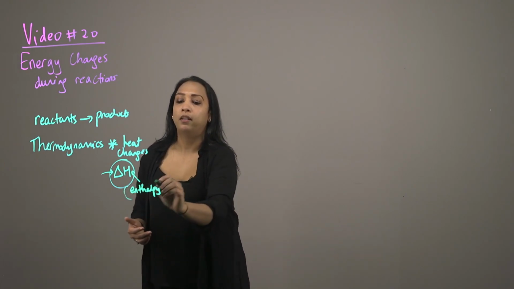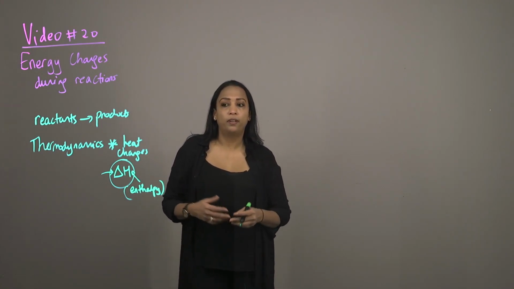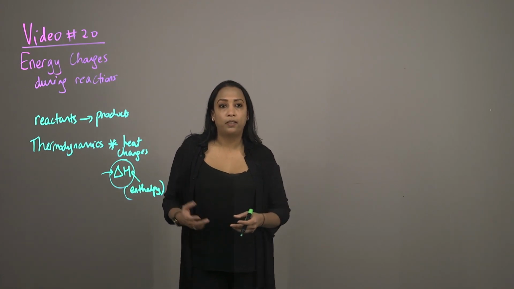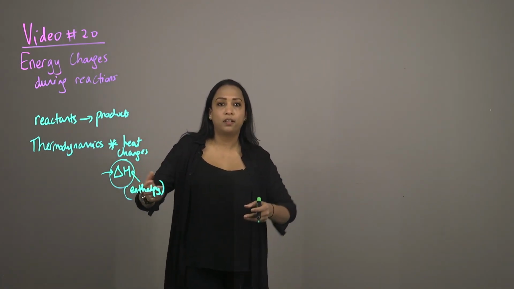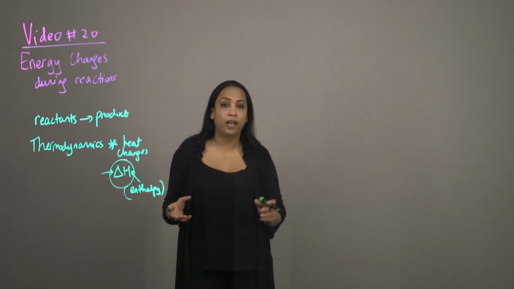So enthalpy is another word for heat. So when we look at thermodynamics, we're investigating the changes in the heat energy or the enthalpy that is occurring between the reactants and the products. So that's one aspect of chemical reactions.